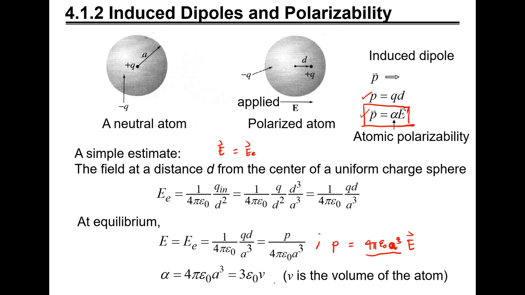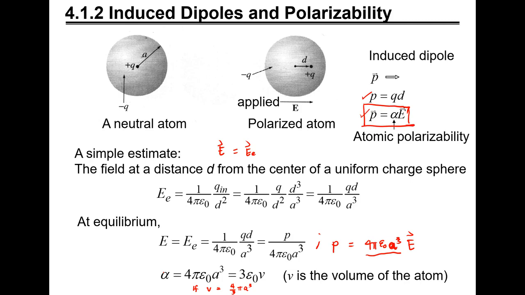If we let V be the volume of the atom, which is equal to 4/3 pi a cubed, since the radius of this atom is a, then alpha can be expressed as 3 multiplied by epsilon naught times V. So this is the atomic polarizability.